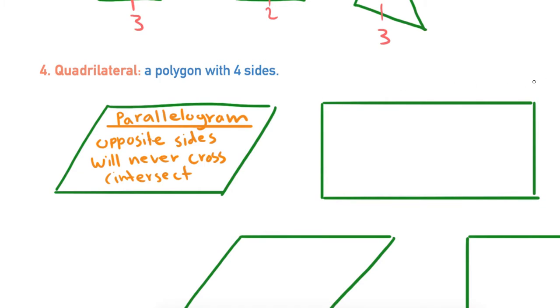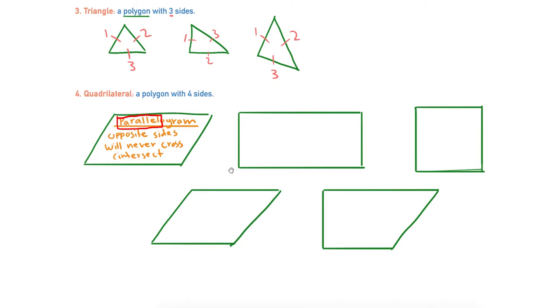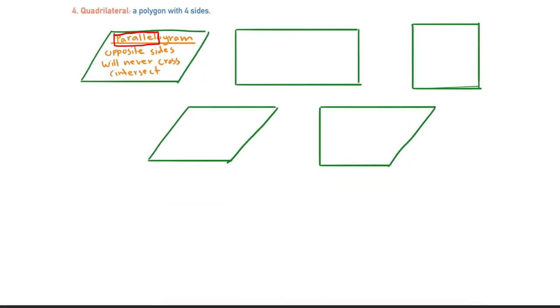well, the really important part of this word parallelogram is parallel. If you recall, do you guys remember what parallel means in our last lesson? Well, something is considered parallel if the lines are going the same direction and they will never cross.